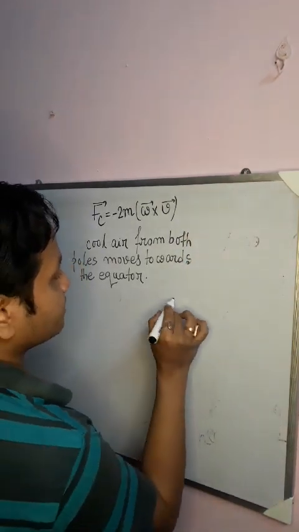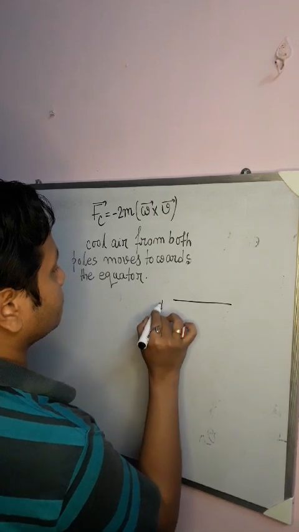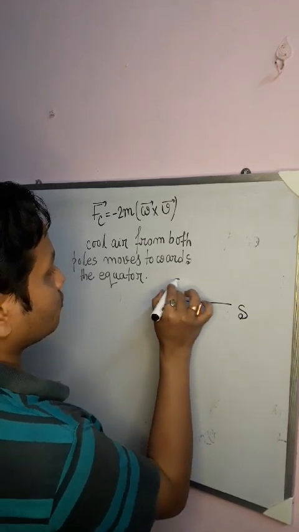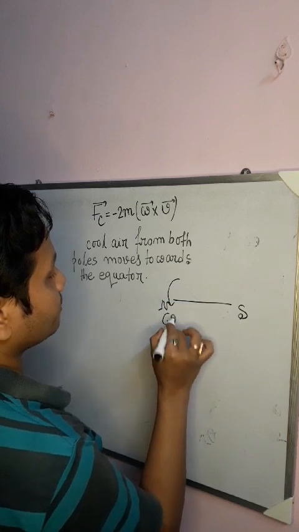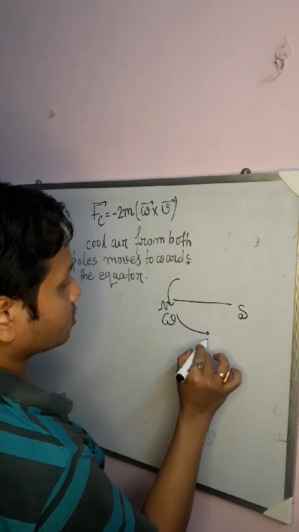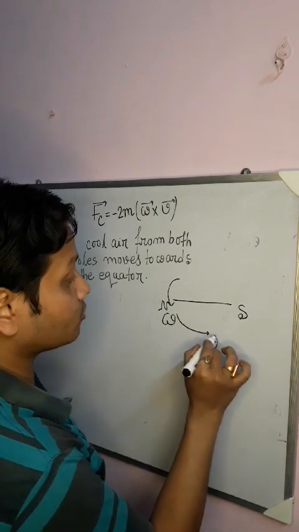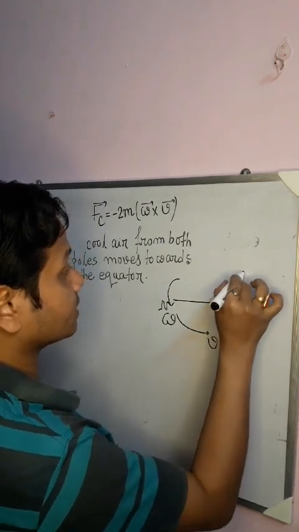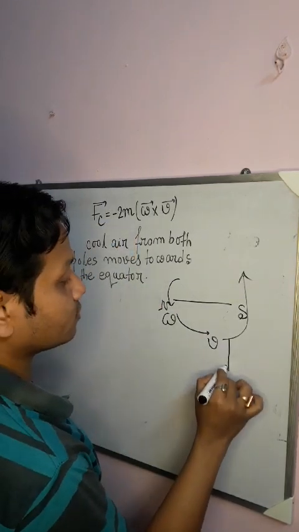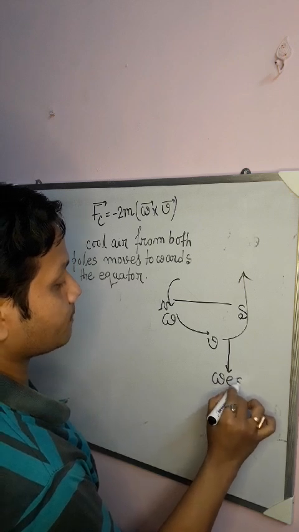Suppose you take the axis this way, this is N pole and this is S pole. So omega will be along this direction. So cooler air in northern hemisphere flowing from north to south, so what will be my omega cross v? Along this direction. Okay, but on account of the minus sign, the air will deflect towards the west direction.